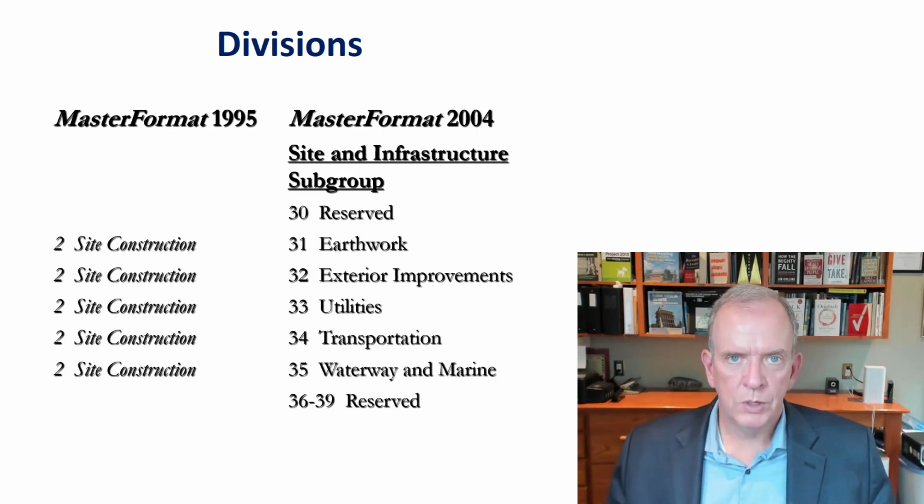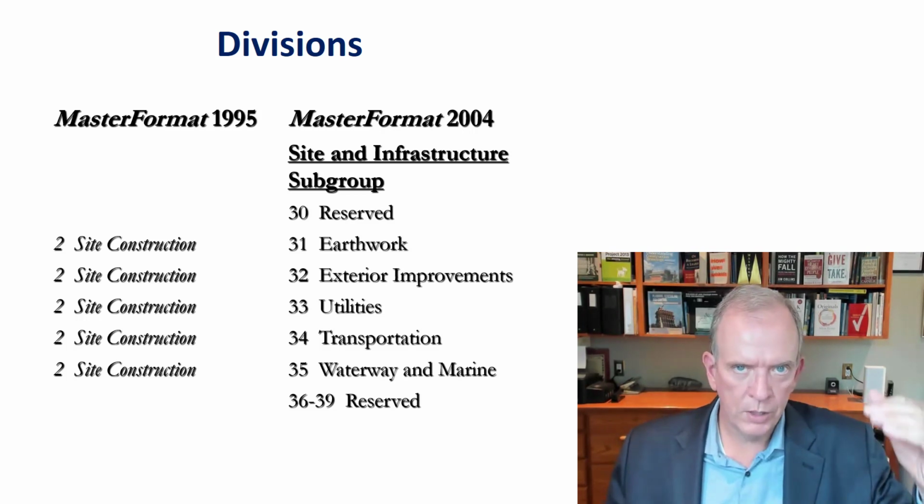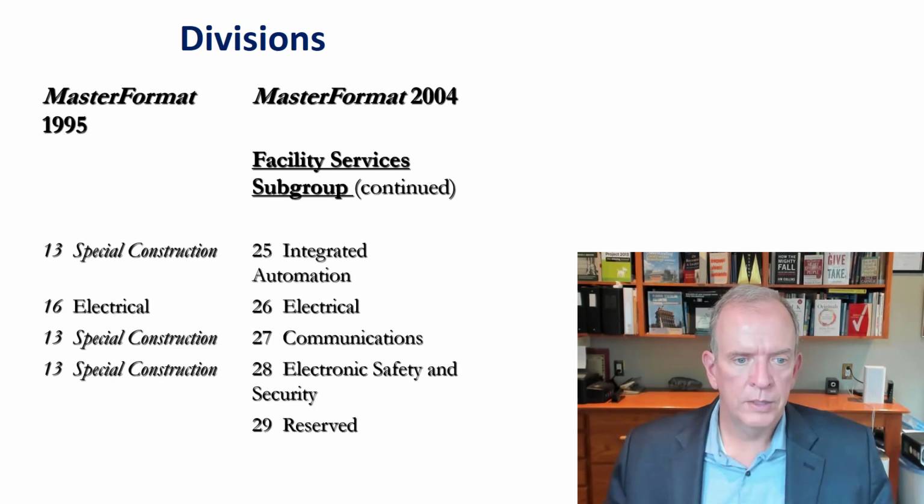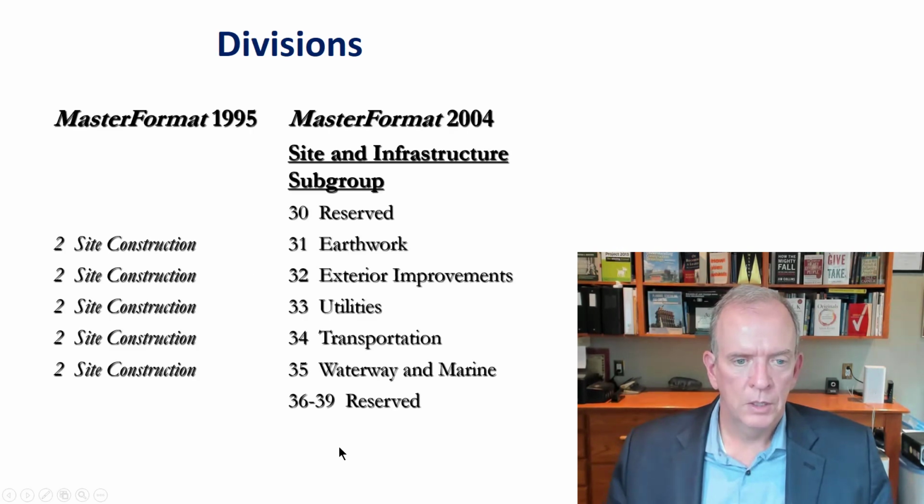If a project doesn't require it, it doesn't list it in the specification. So only what's required is listed in the specification. So if you don't have anything beyond earthwork, that would be all that would be indicated. And the ones that would be shown would be just the ones that you have work to do in.